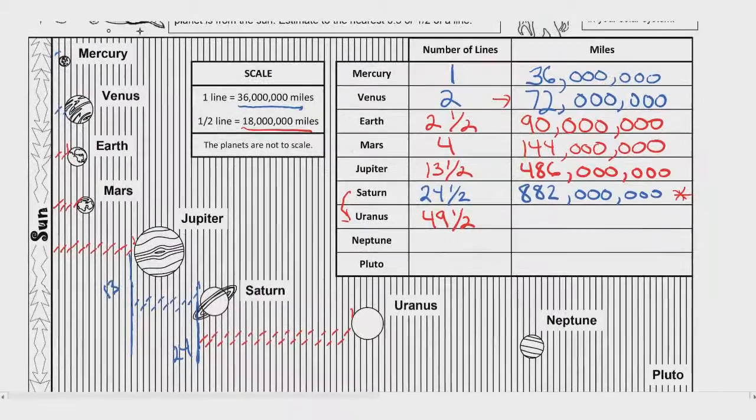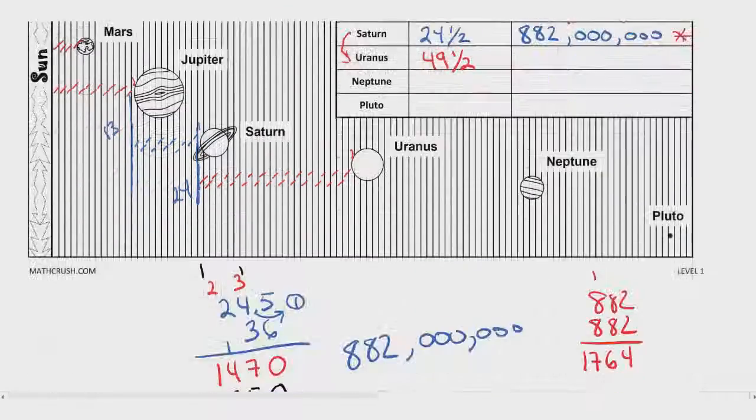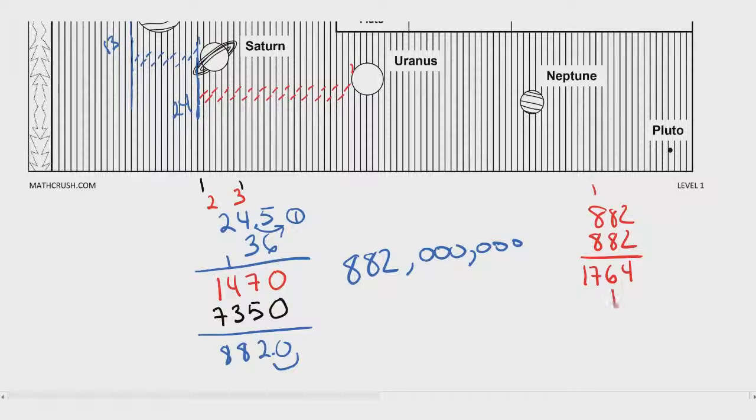And then I have a half, so I'm going to add 18 to that. 8 plus 4 is 12, carry a 1. 6 plus 1 plus 1 is 8. Then I have 7, 1. So I have 1, 7, 8, 2. Then I add 6 zeros. So I get 1,782,000,000 miles from the sun.